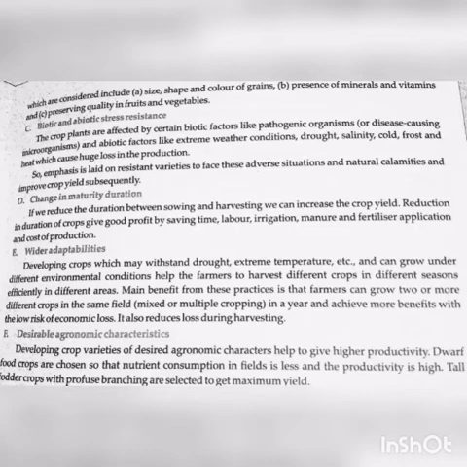And abiotic means non-living things, factors like extreme weather conditions, drought, salinity, cold, frost and heat, which cause huge loss in production. So emphasis is laid on resistant varieties to face these adverse situations and natural climates and improve crop yield subsequently.